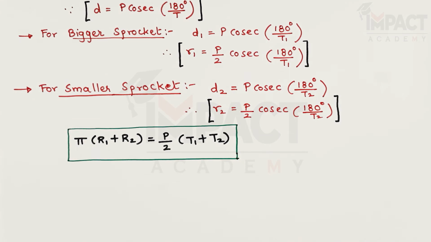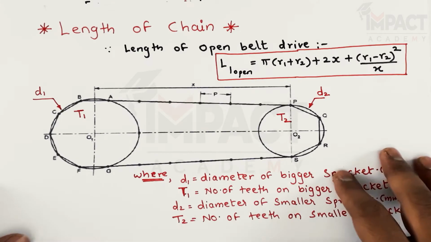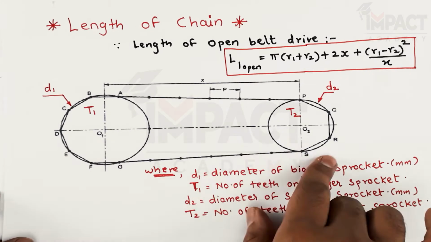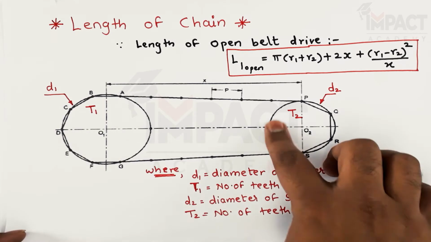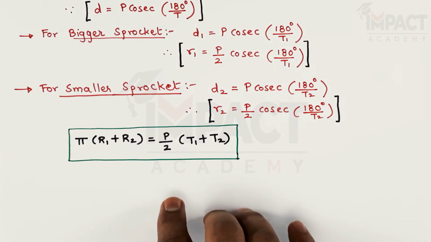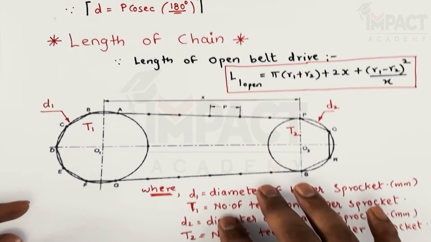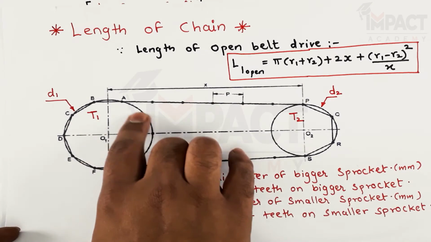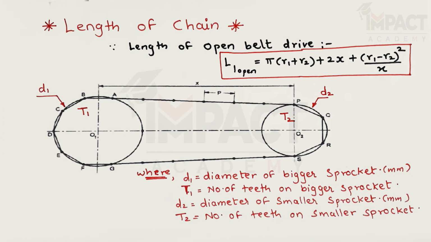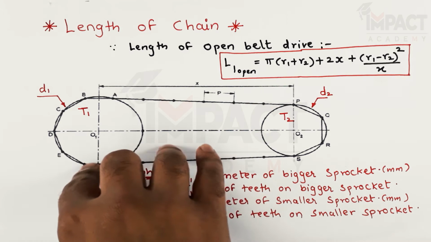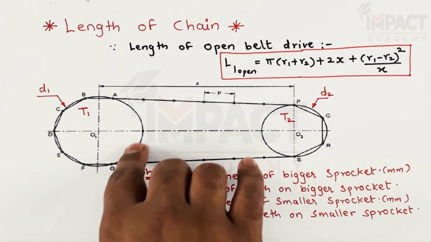This relation can be written because when we want to find the length of chain, roughly the chain passing over the bigger sprocket and the smaller sprocket can be found by using the relation pitch into the number of teeth on the bigger sprocket plus the number of teeth on the smaller sprocket, that is pitch into (T1 + T2), which would indicate the complete chain which passes over both the pulleys.